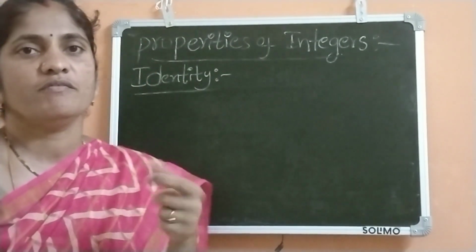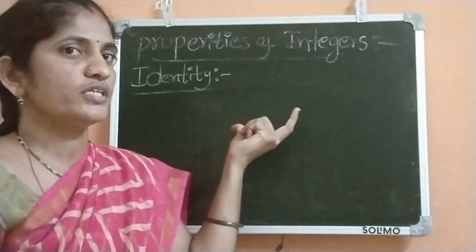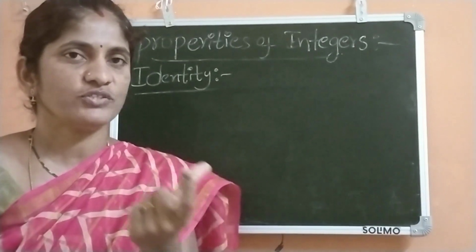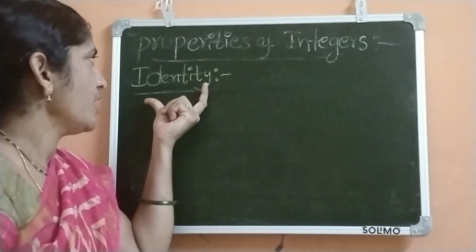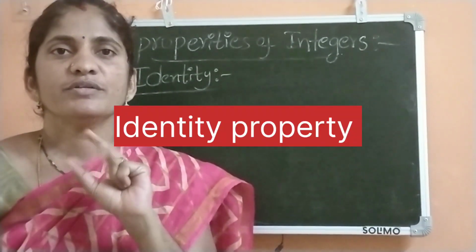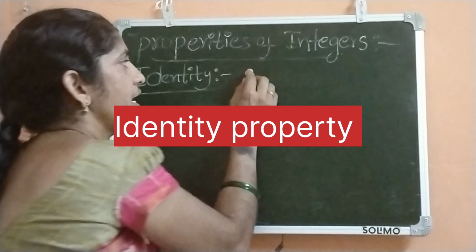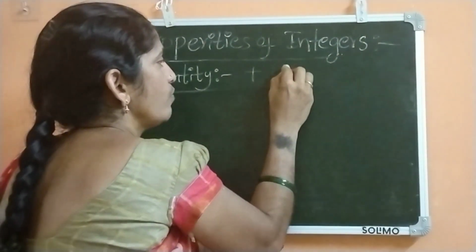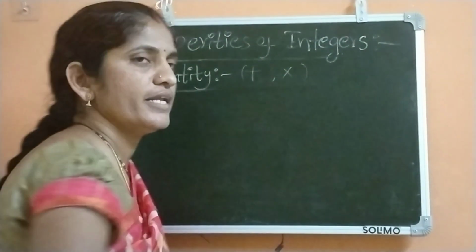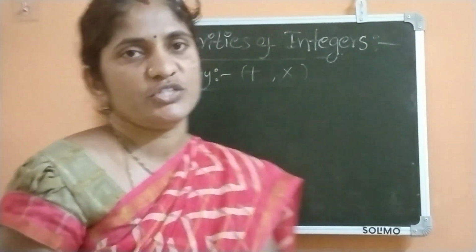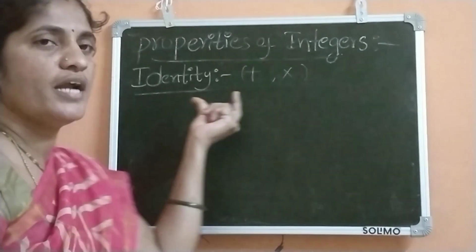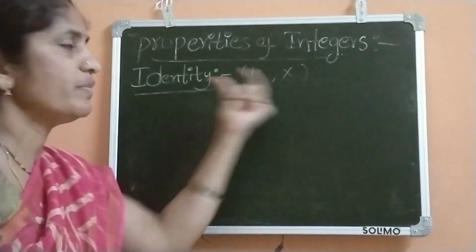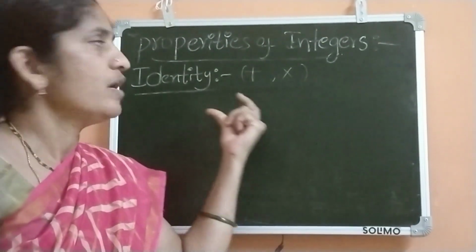Coming to the identity property, we will discuss only addition and multiplication, because identity property and inverse property exist in addition and multiplication only.